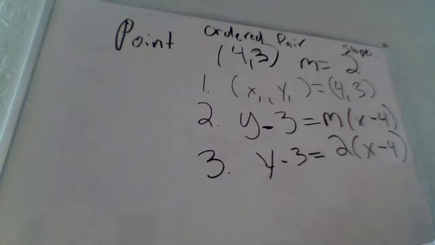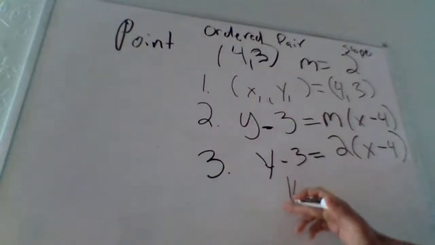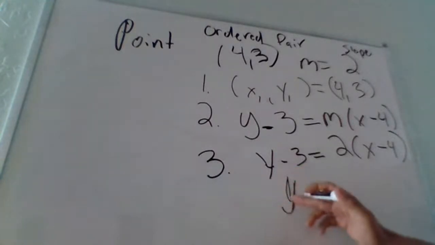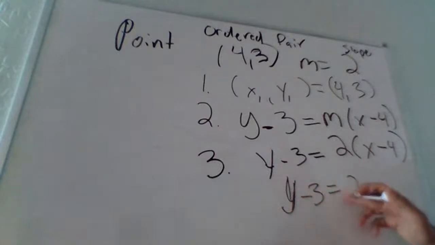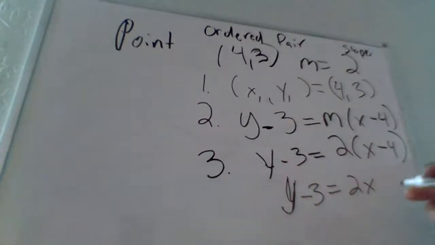y minus 3 equals 2x minus 2 times 4, which is 8. Minus 8. Yes. Okay, and where do we go from here?